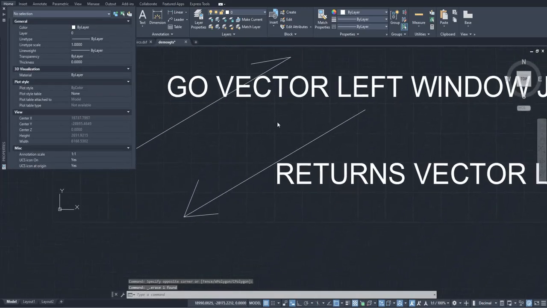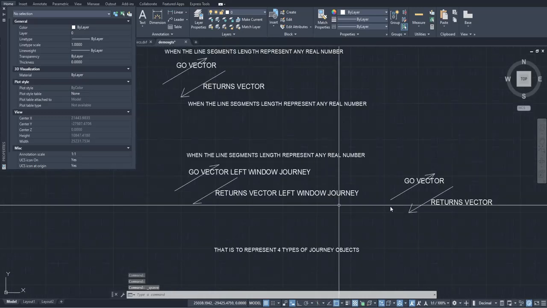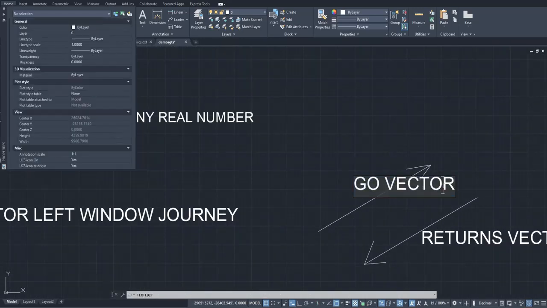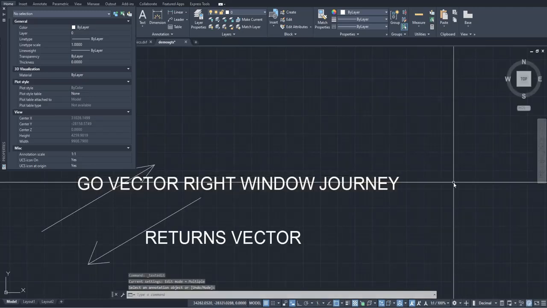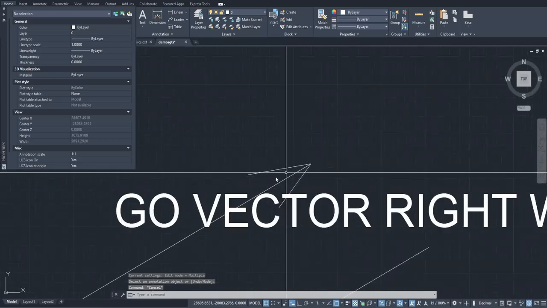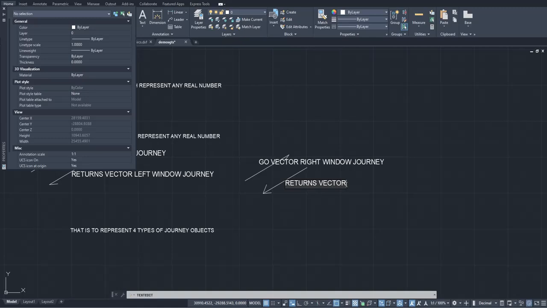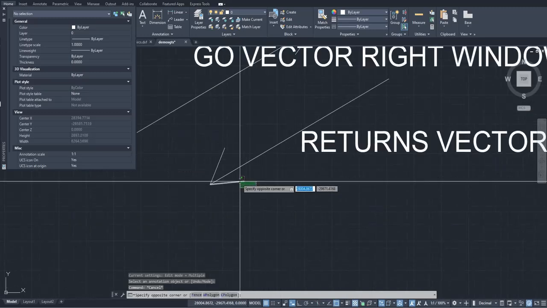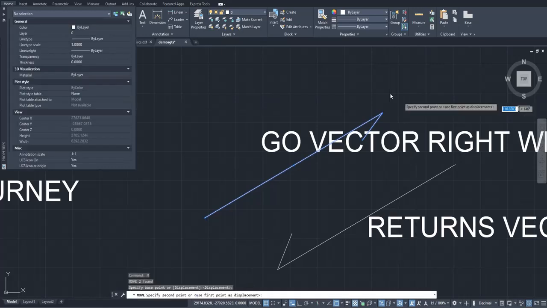The left side window is kept. This is the left window journey. The co-vector right window journey is represented with the right side arrow only, and the return vector right window journey is represented like this. And these representations are a new kind of mathematics.